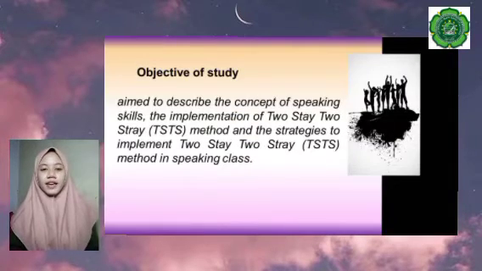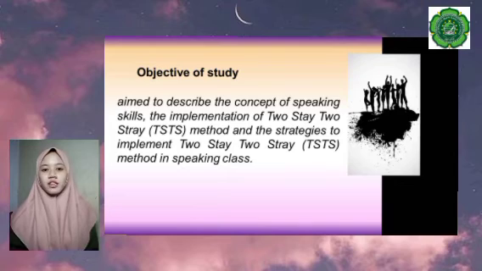The next is objective of study. This research aims to describe the concept of speaking skills and the implementation of the Two-Stay Two-Stray method and the strategies to implement the Two-Stay Two-Stray method in speaking class. The first is how to apply the Two-Stay Two-Stray type of cooperative learning method to create an effective and fun English learning atmosphere.